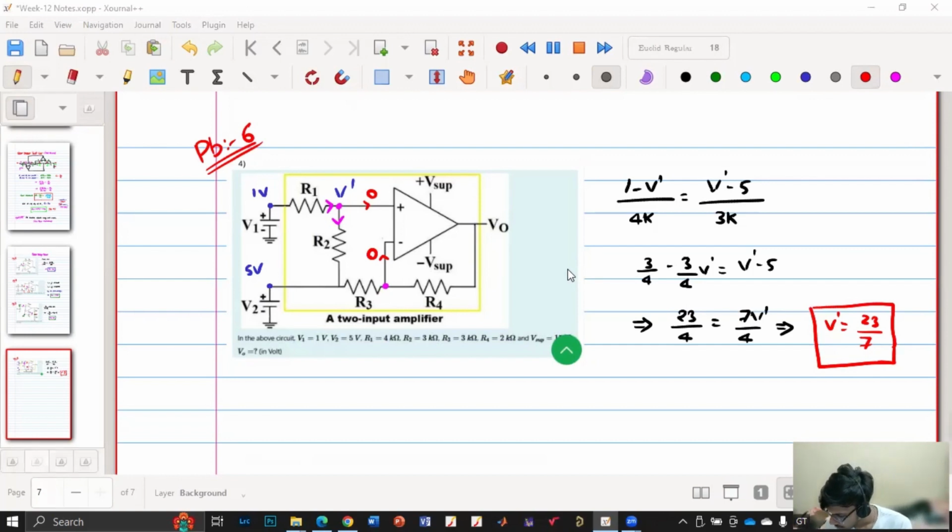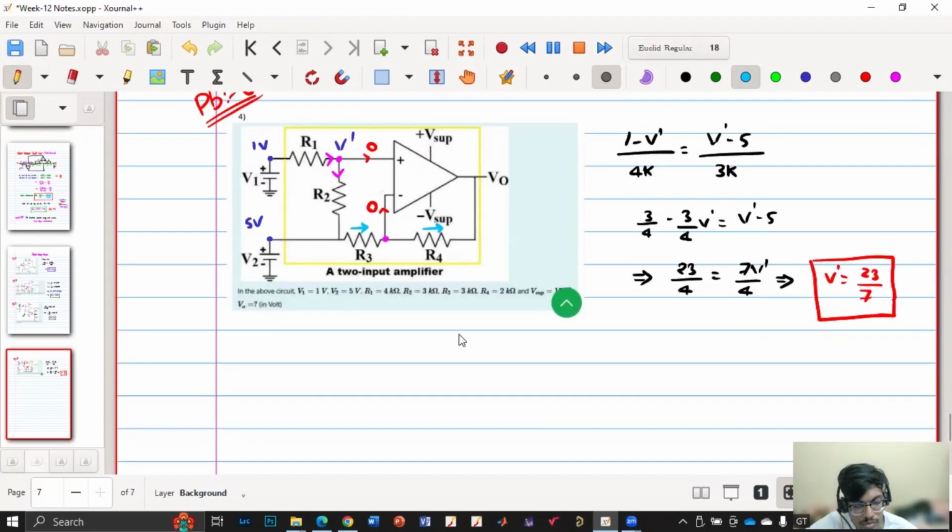So now I also know that the current through R3, this current will be same as this current, right? Because current entering the op-amp is 0. Agree? And this is 5 volt and this terminal is at V dash. So now I can calculate IR3. IR3 is 5 minus V dash by R3.